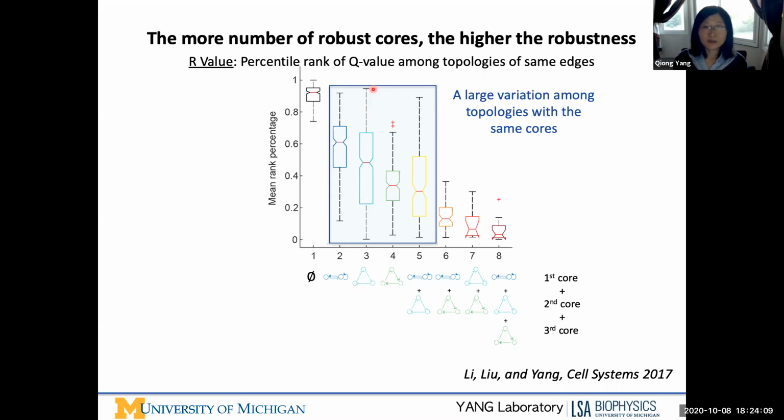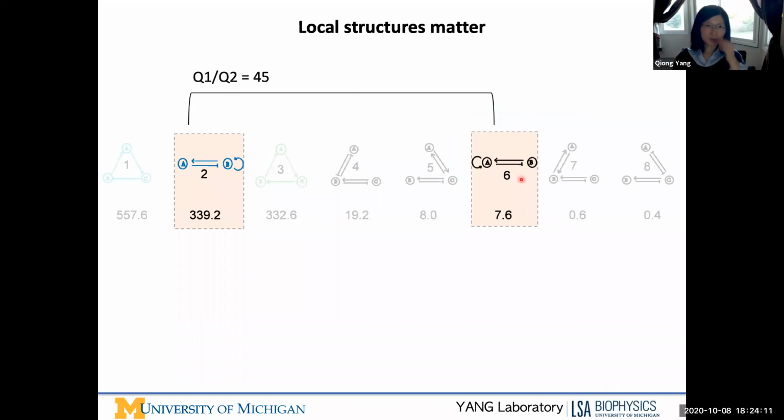And another question that came up to us was, if we look at the cores themselves and just compare them, so I highlight core 2 and core 6 here. Intuitively, I would not be able to tell which one is more robust, because both of these topologies contain a slow negative feedback and a fast positive feedback, okay?